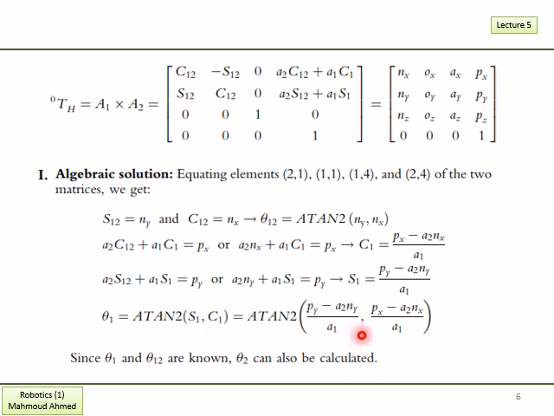All the numerical values are given for the parameters on the right hand side. We can calculate theta 1, and knowing the relation between theta 1 plus theta 2 from the first step, we can get theta 2.